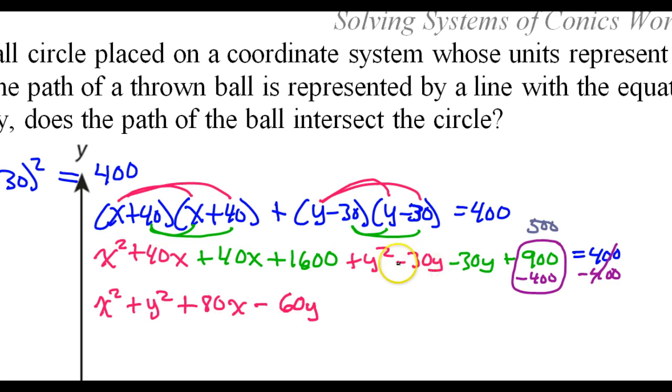So that takes care of all my variables. That just leaves my constants. So that's 1,600 plus 500, so that's going to be 2,100. So I've got plus 2,100 is equal to 0.